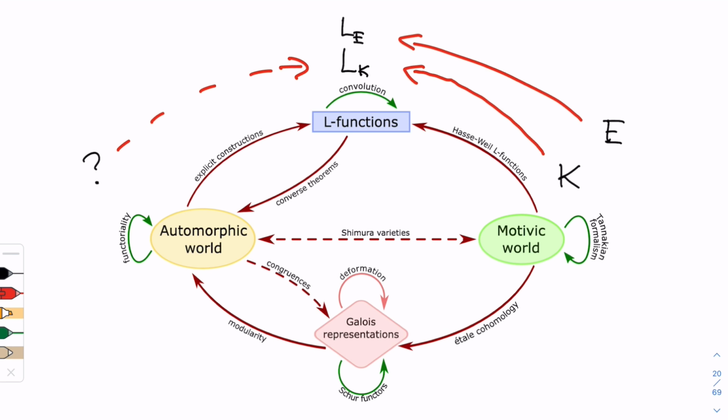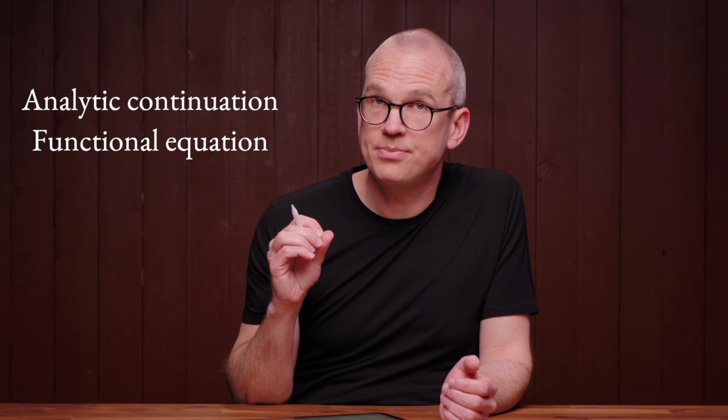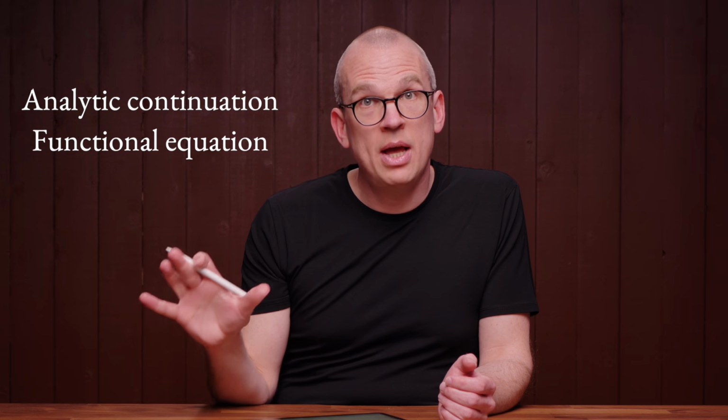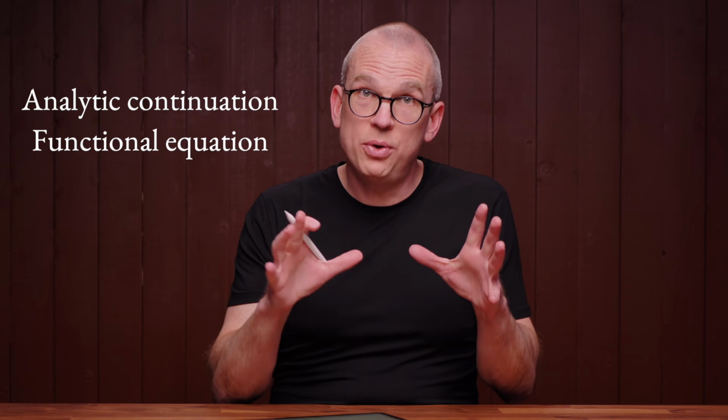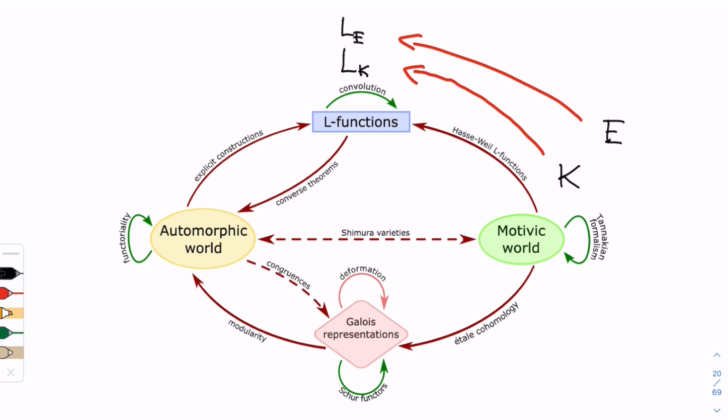If you have a motivic L function and you manage to prove that a corresponding automorphic object exists, then your L function has what's called an analytic continuation and a functional equation. This in turn means that it makes sense to talk about the Riemann hypothesis for your specific L function. All of that is a story for next time. Today, we'll go back to focusing on these two examples, K and E, and their L functions.